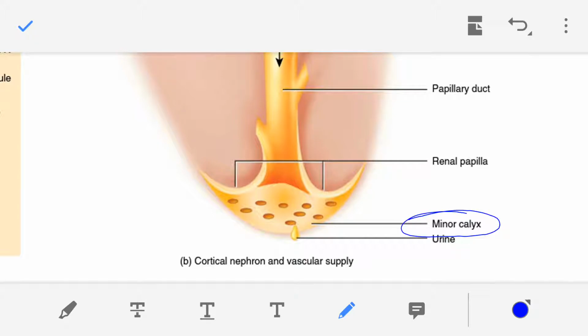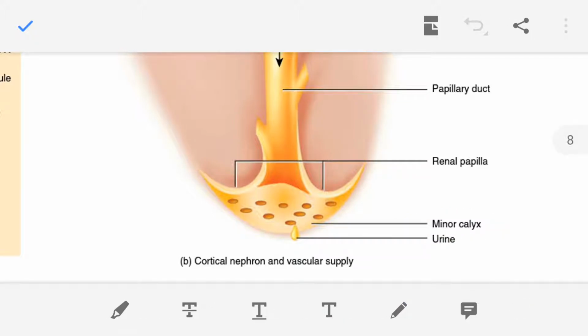Now you might wonder that earlier it was filtrate, and now we are calling it urine. The reason is that urine formation takes place.